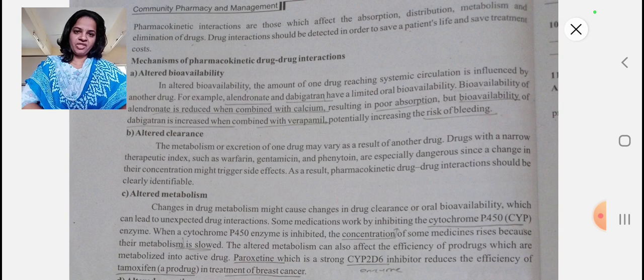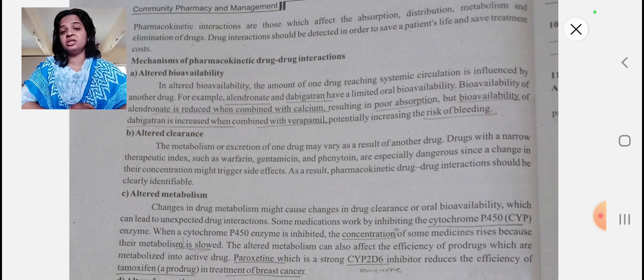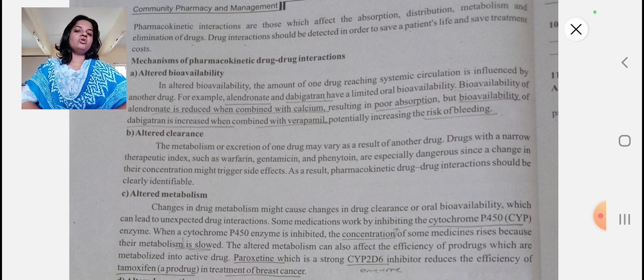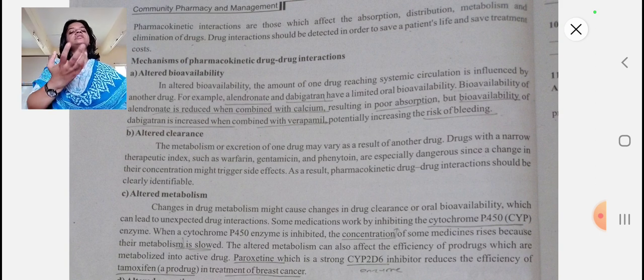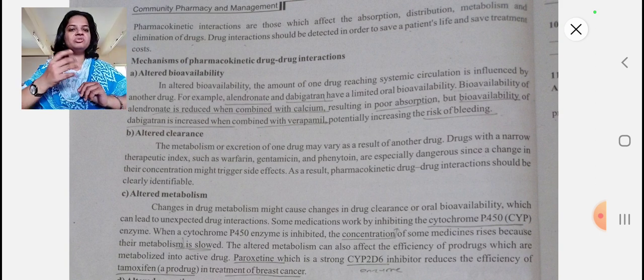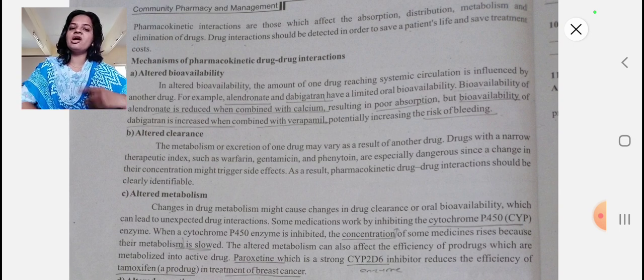Now the mechanisms of pharmacokinetic drug interactions. First is altered bioavailability. Bioavailability is the rate and extent at which the drug reaches the systemic circulation. In altered bioavailability, the amount of drug reaching the systemic circulation is influenced by another drug.